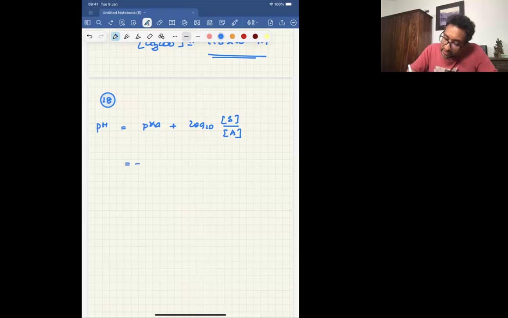So this is minus log10 of 1.8 × 10^-5, plus log10 of salt over acid. The salt, ethanoate, is 0.005, and the acid is 0.01.